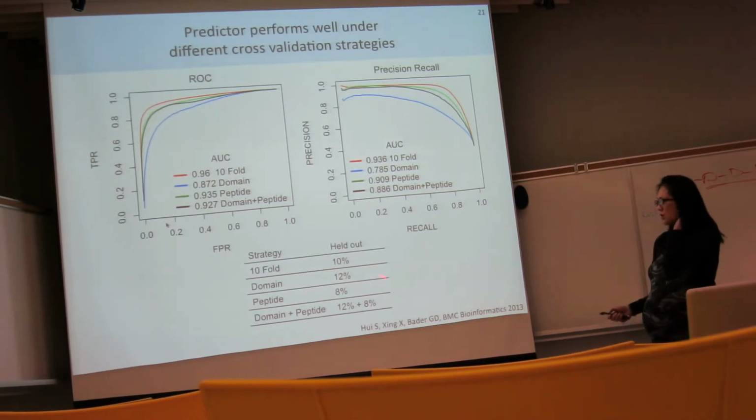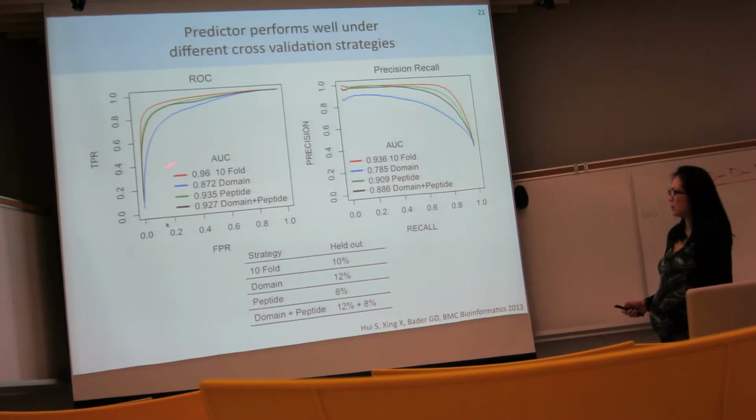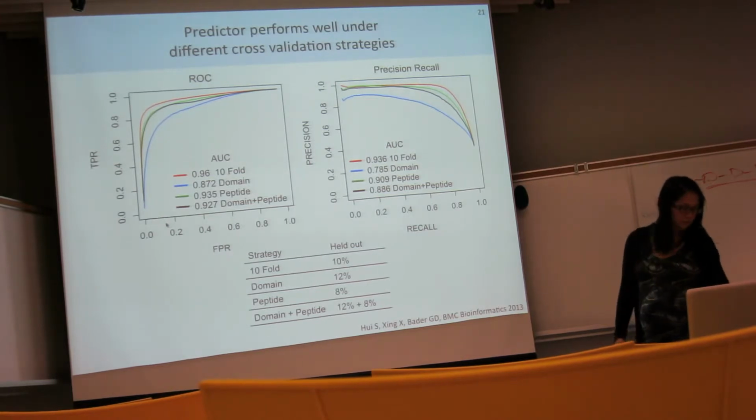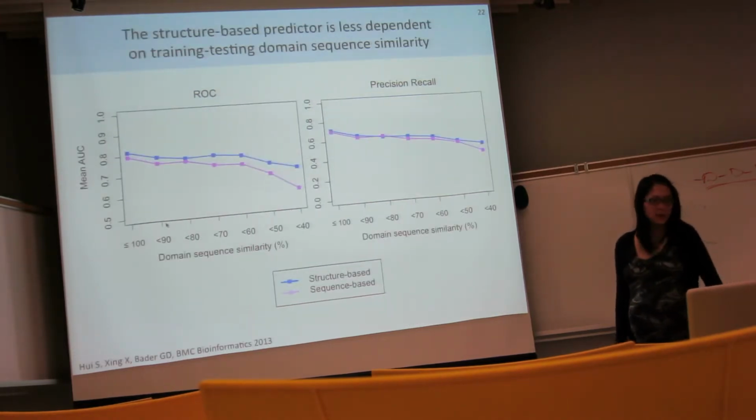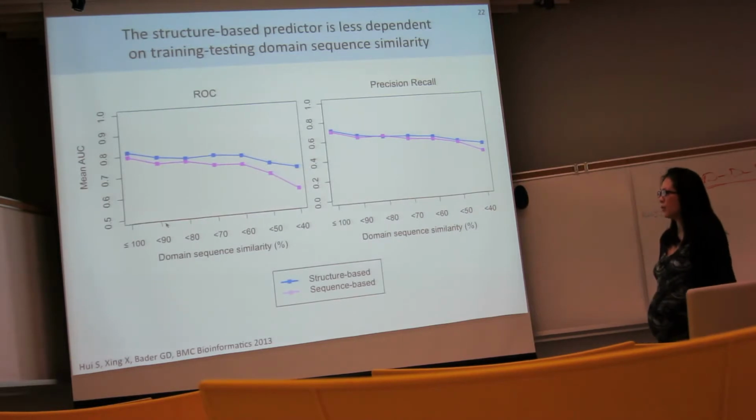We used the same strategies as in the first project, and all the performance measure scores are close to 1. However, again, we noticed that the strategies involving holding out sets of domains were slightly lower than the other strategies. So again, we determined whether or not there was a dependence on sequence similarity for our structure-based predictor.